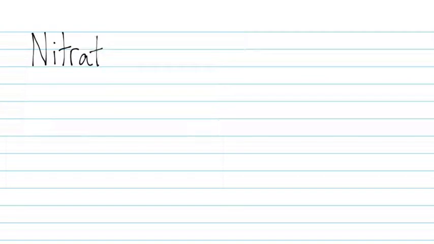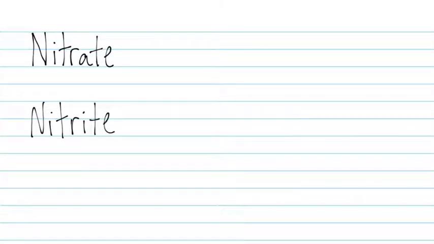And there's a difference between the ates and the ites on here. There are usually a couple of pairs that are almost like brother and sister or something. For instance, there's nitrate and nitrite. It's going to be really important when you're dealing with these to keep track of that, because just one little letter makes a difference in the chemical formula.